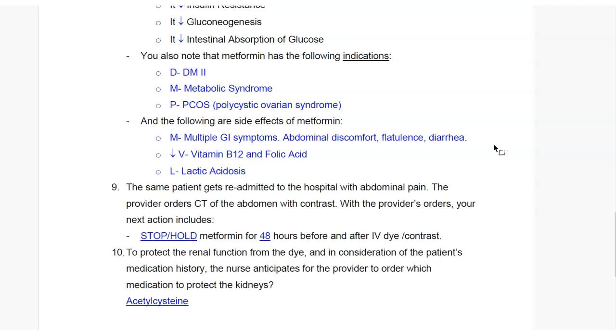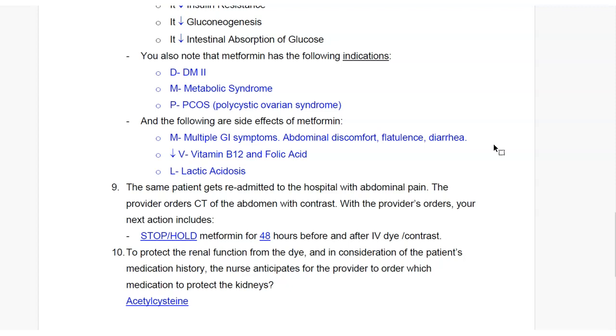Now, to protect the renal function from the dye, and in consideration of the patient's medication history, the nurse anticipates for the provider to order which medication to protect the kidneys. That medication is acetylcysteine, the generic name, and the brand name is Mucomyst.